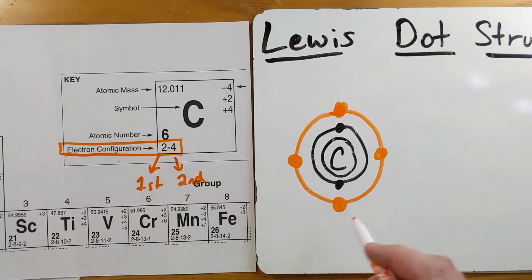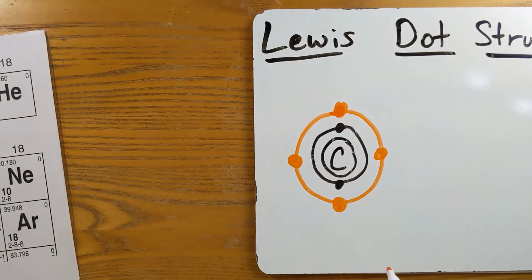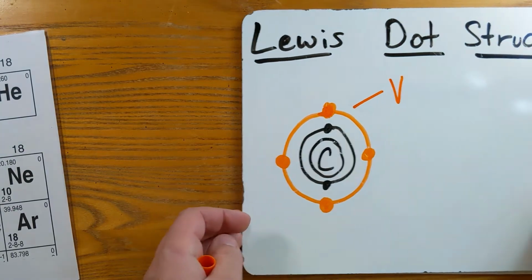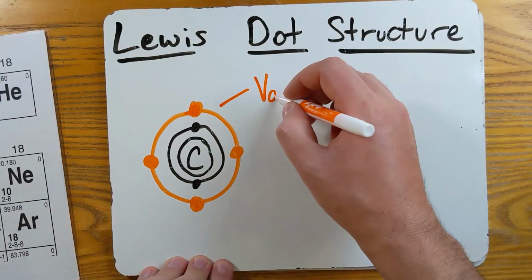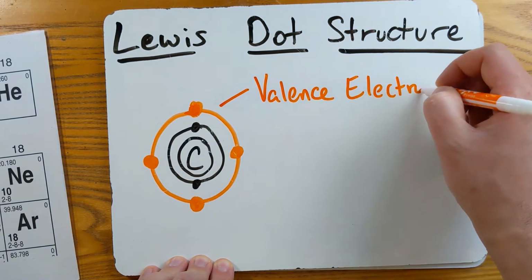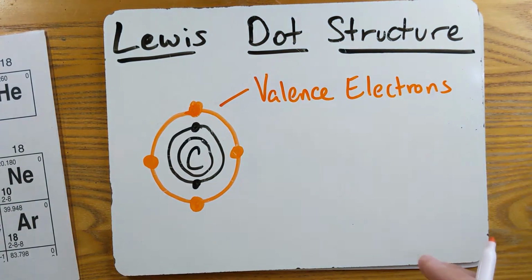So these outermost electrons is what we call valence electrons. And that helps us draw the Lewis structure.